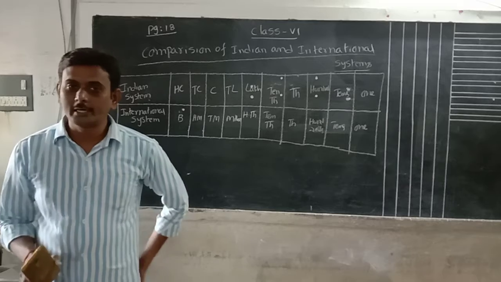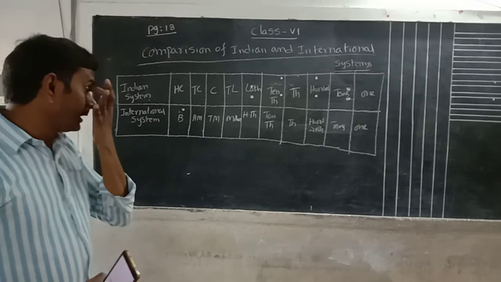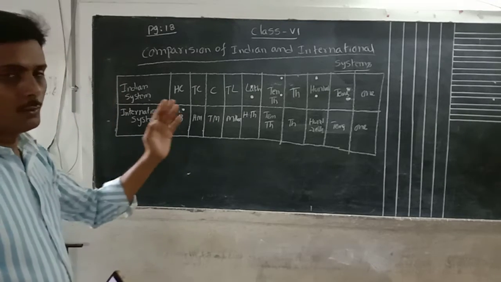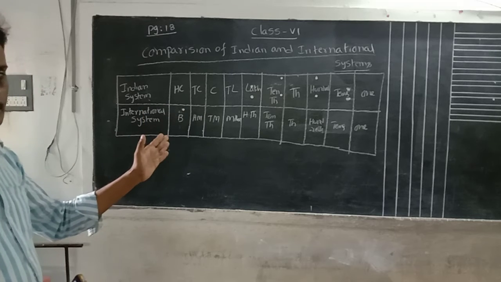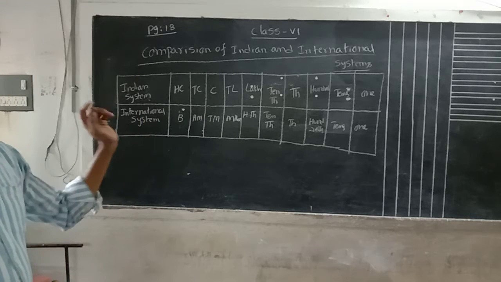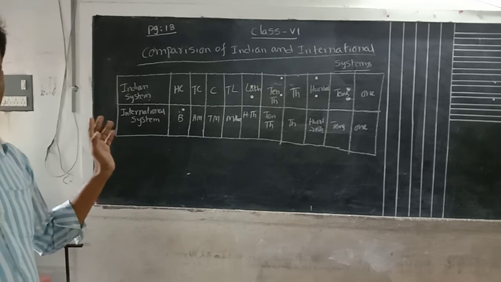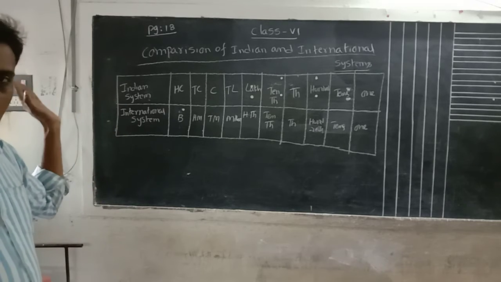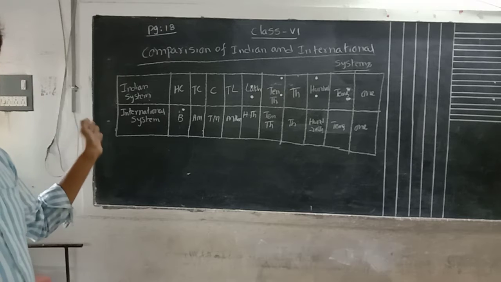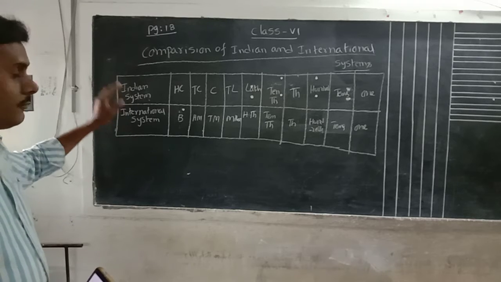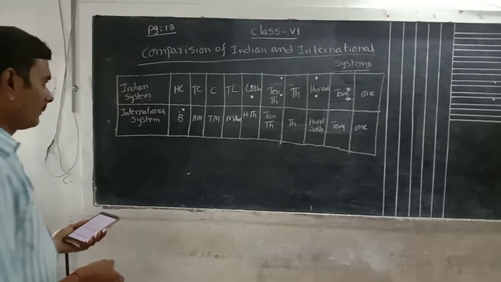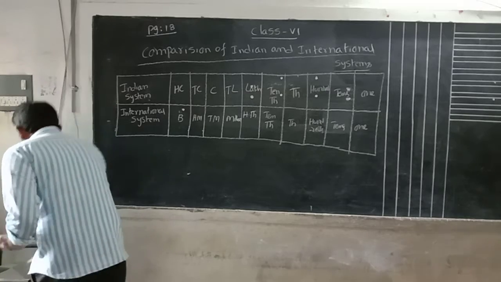Then ones, tens, hundreds, thousand, 10,000, 100,000, million, 10 million, 100 million, later billion. After billion we also have two more places, 10 billion and 100 billion, but for comparing, up to billion is enough.